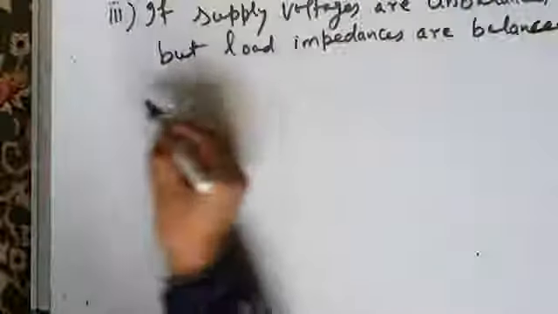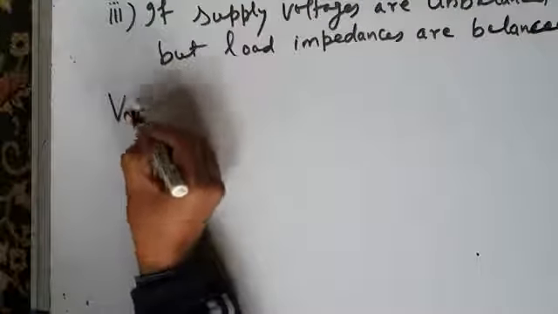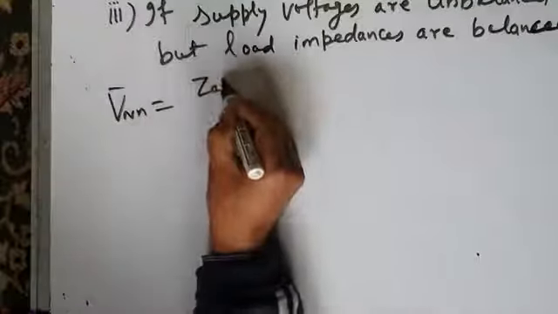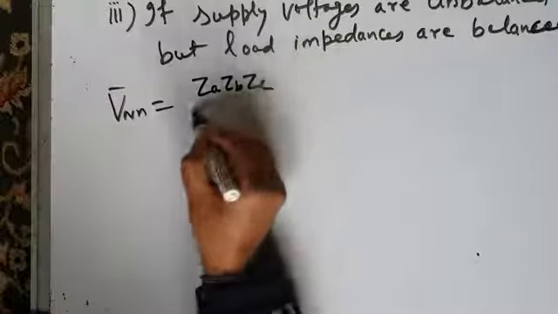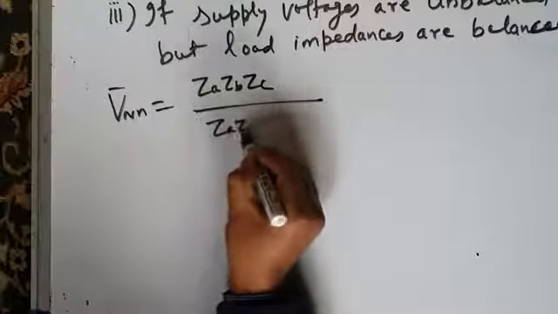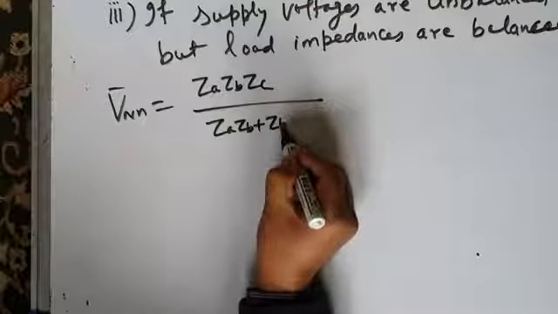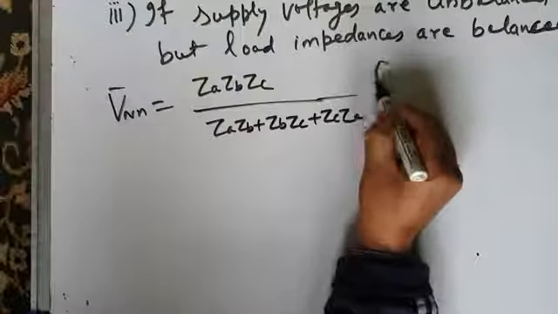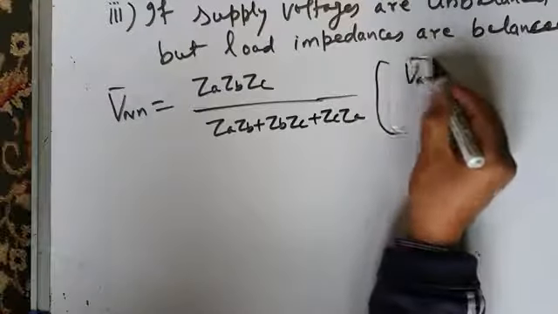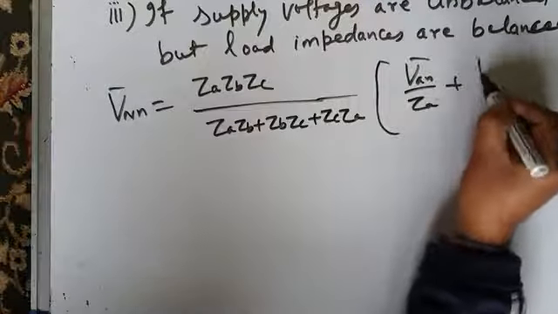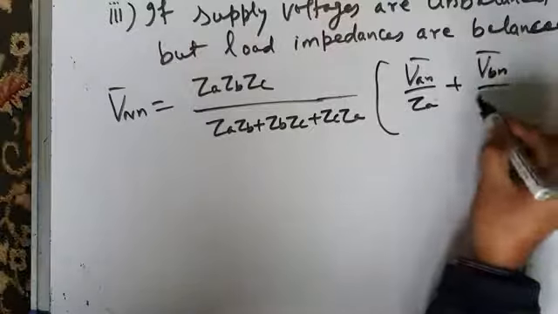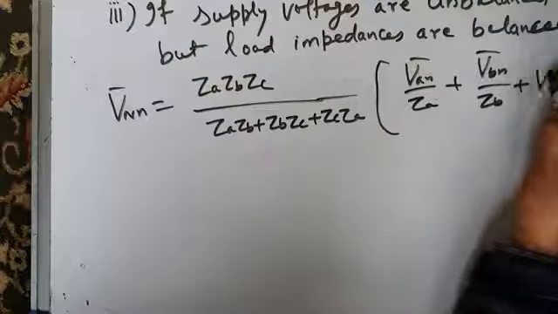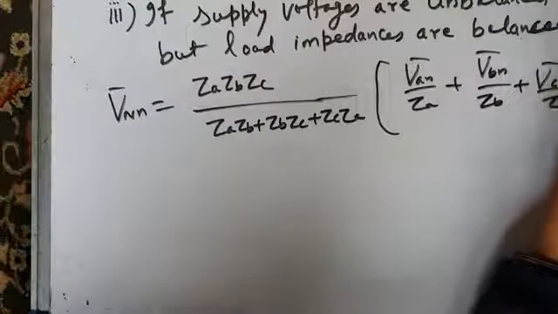In that case, our neutral to neutral voltage is given by ZA, ZB, ZC whole divided by ZA, ZB plus ZB, ZC plus ZC, ZA into VAN by ZA plus VBN by ZB plus VCN by ZC.